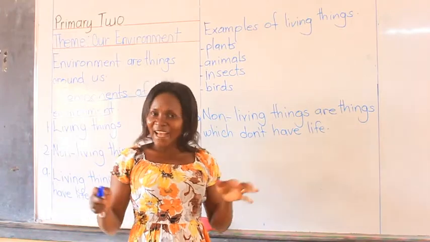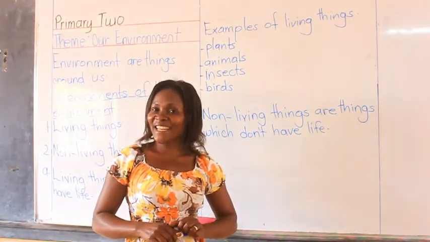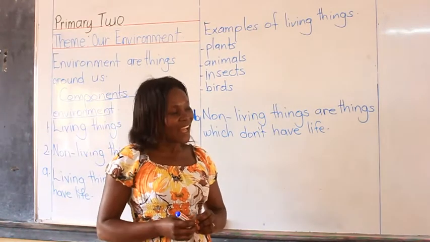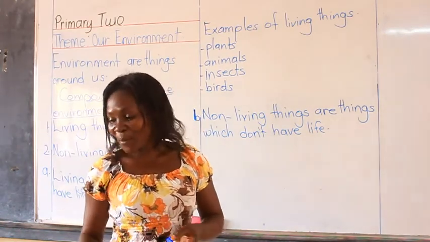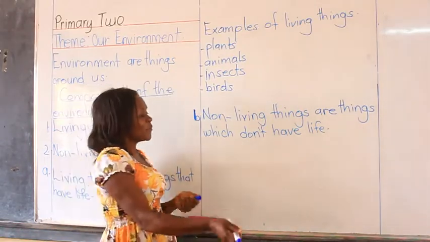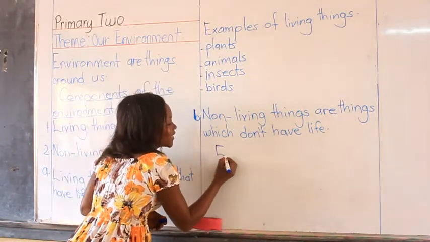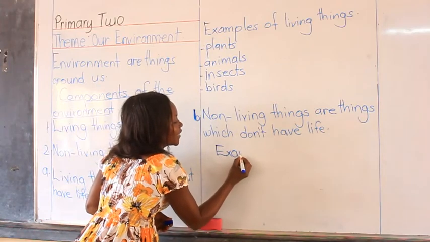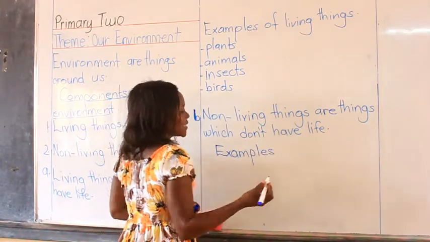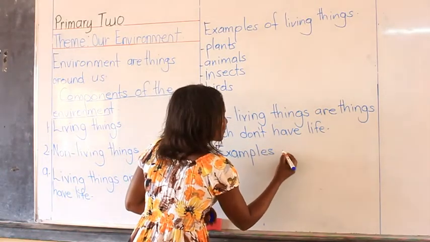They are there. I think you can now guess some of these non-living things, not so? I hope you can guess. I wish you were here and you give me some. You try to tell me some of them, but let me mention some of them. Let's go. Examples of non-living things. We give examples of these non-living things and we see what they are.